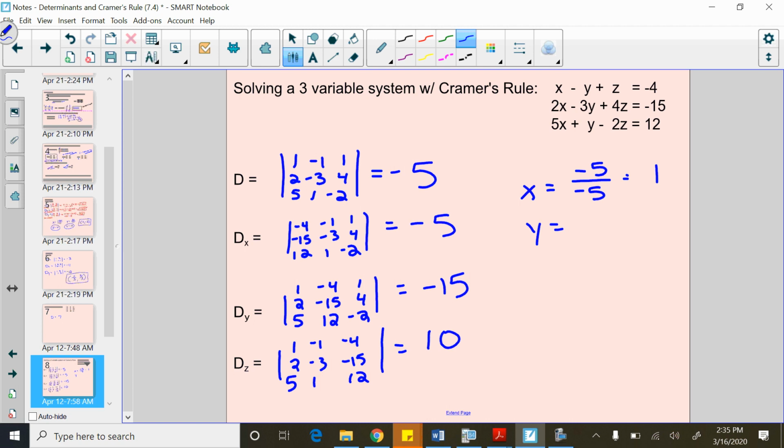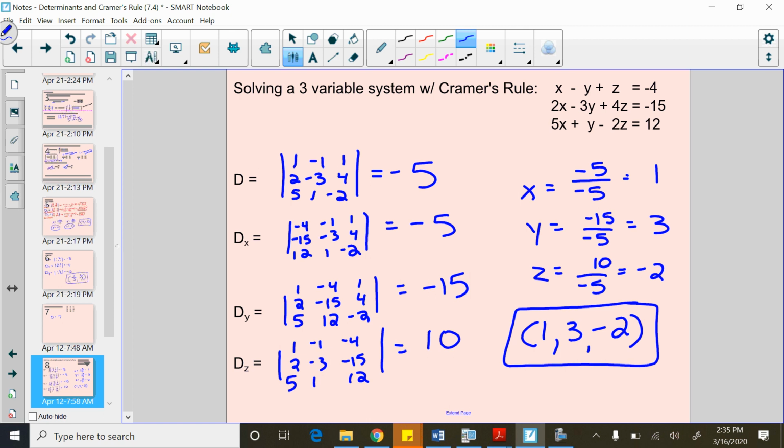Your y, in that case, would have been your determinant with respect to y, -15 divided by -5, or 3. Your z, in that case, would be your determinant with respect to z, which was a 10, divided by -5, and you would have gotten a -2. So your final answer would be a 1, 3, -2.